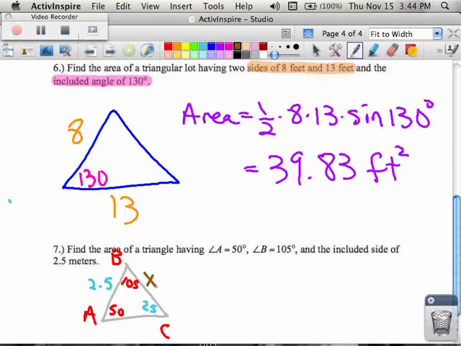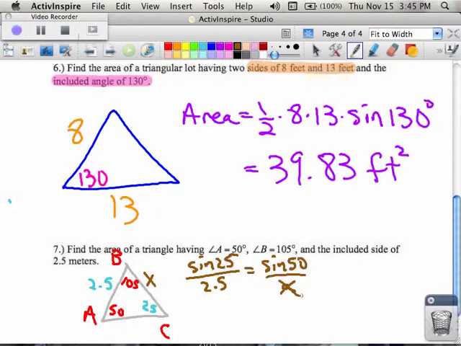So if I'm going to find the answer to that, the way I would do that is I would say that the sine of 25 degrees, which was angle C, divided by 2.5, which was side little c, should be the same ratio as the sine of 50 degrees divided by little a, which we called x.